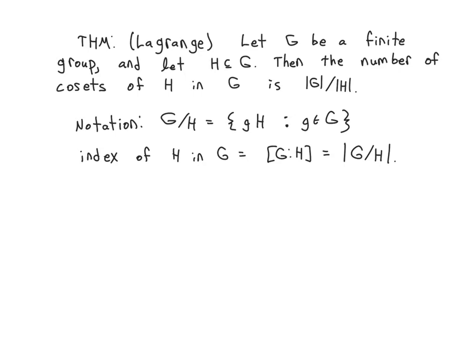Let G be a finite group, let H be a subgroup. Then the number of cosets of H in G is the size of G divided by the size of H. In particular, the number of cosets is always a divisor of the size of G.